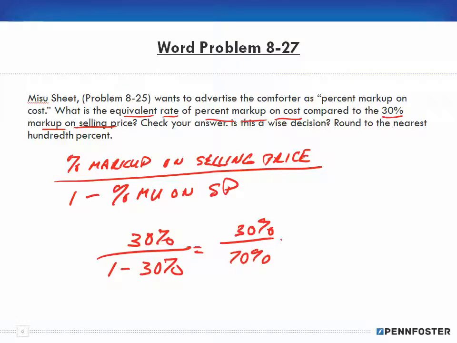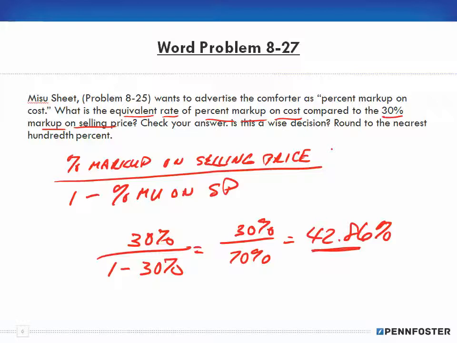And when we divide 30% by 70%, we end up with 42.86%. Okay, so that's the equivalent rate as our markup on the cost versus the 30% of the markup on the selling price.